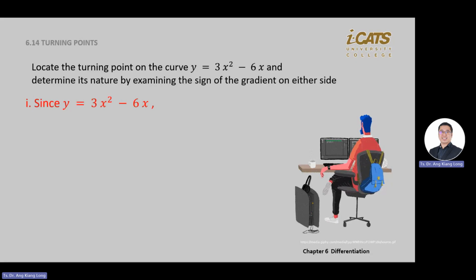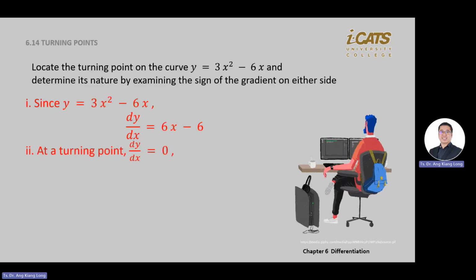Second, differentiate one time. Differentiate one more time: you do dy/dx, then d²y/dx². Differentiate two times, then you observe the numbers. Okay, you do dy/dx and you'll get 2x minus 6.